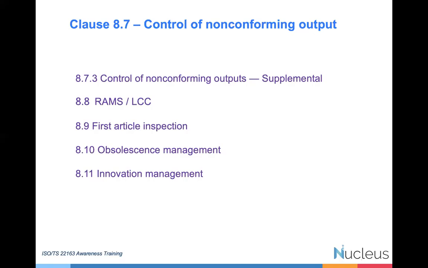PPAP is different. First article inspection is different. Right? A machine operator can't be, because we talk about a process owner, correct? A process owner should have authority, empowerment. Then obsolescence management. Who will be the process owner? Right. Then innovation management.